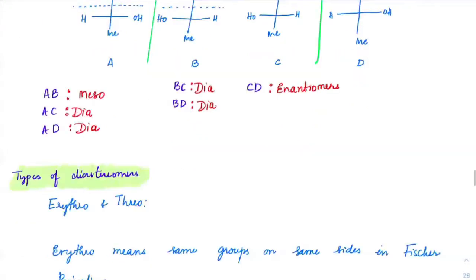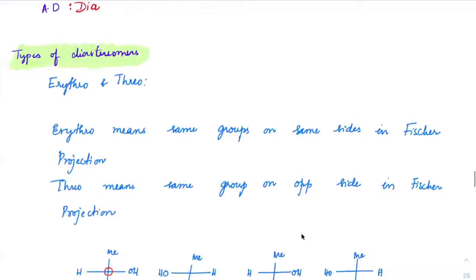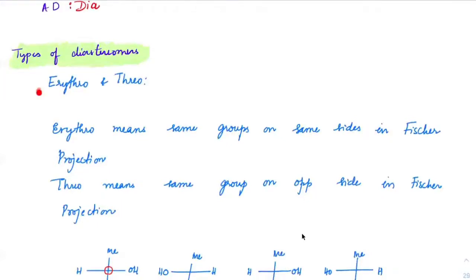Now, see what are the types of diastereomers we'll come across. Basically, we have different names for different types of diastereomers also. Let us just focus on those terms here. One of the important types is erythro and threo. Erythro is the name we use when they are on the same side in the Fischer projection.